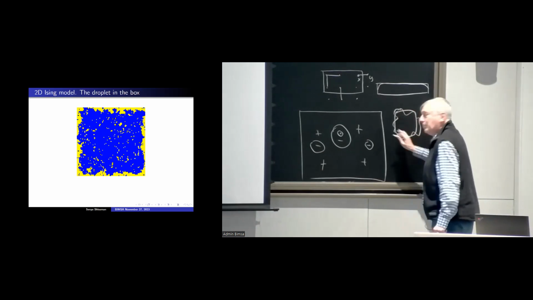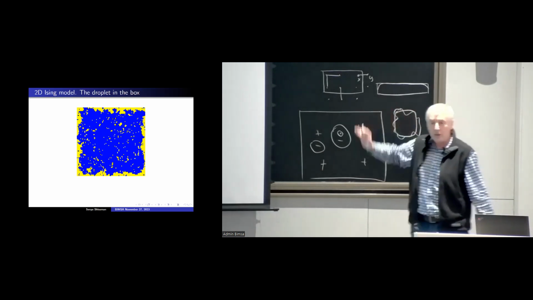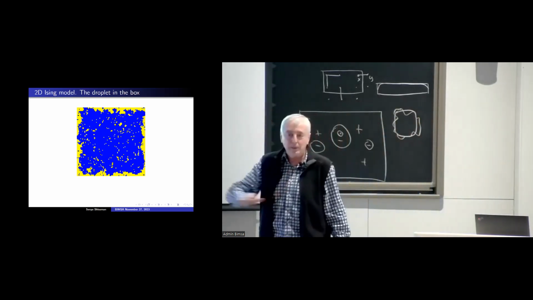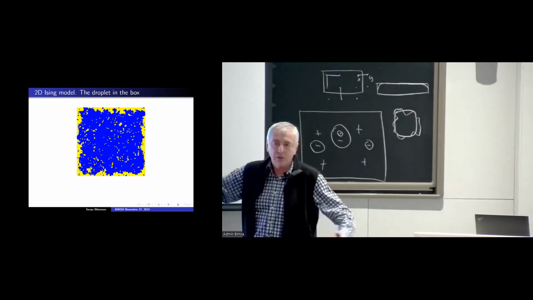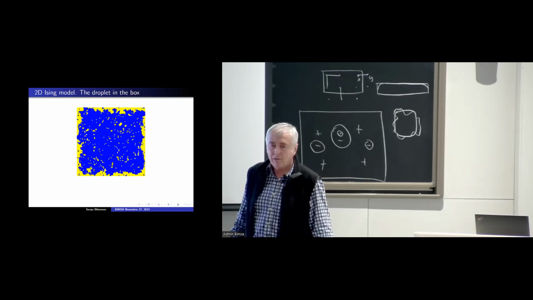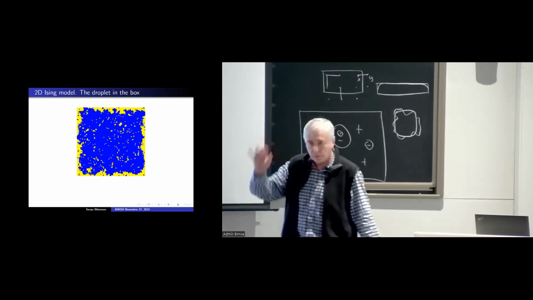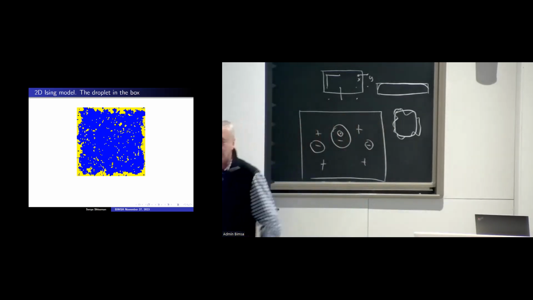The shape will be, in a sense, non-random, but the location is random. Because there are no walls, it can go wherever you want. It's a uniform distribution of these droplets, right, until you grow it so much that it cannot fit in.